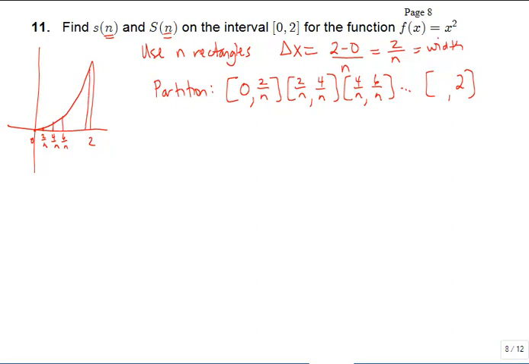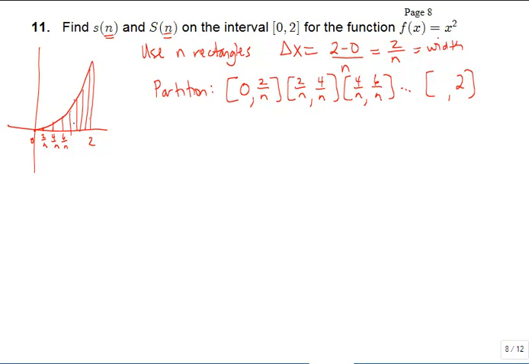So let's figure out what our circumscribed and inscribed rectangle heights are going to need to be. If we look at the shape of this graph, should I use left endpoints, right endpoints, or something else to figure out the lower sum, those inscribed rectangles? Let me draw in a few more here so it's easier to see.